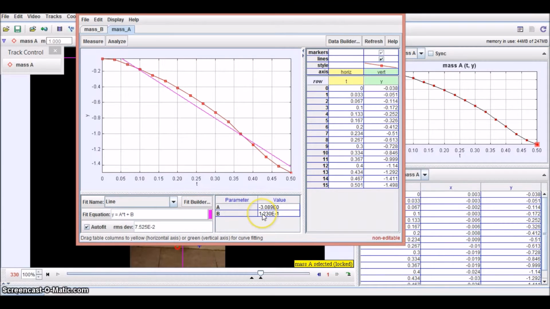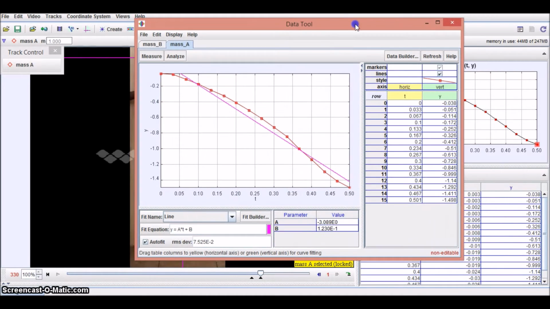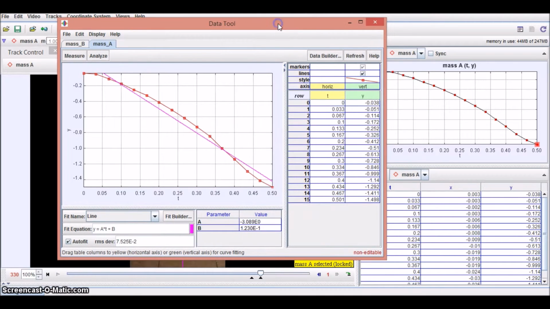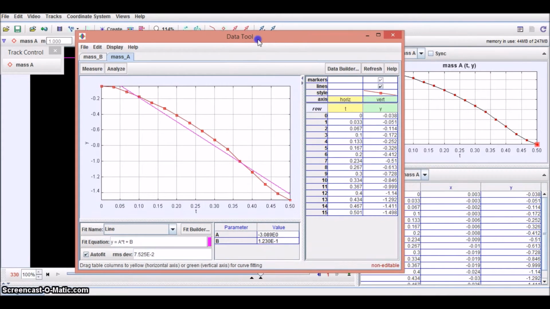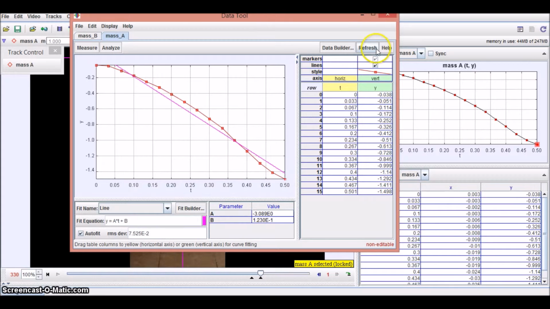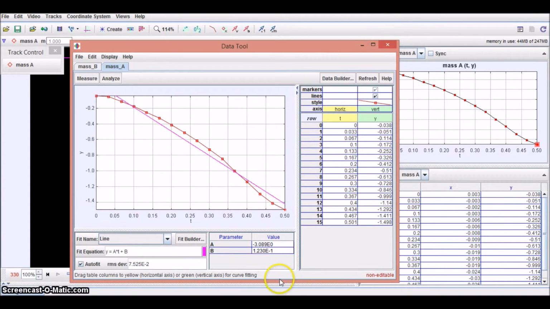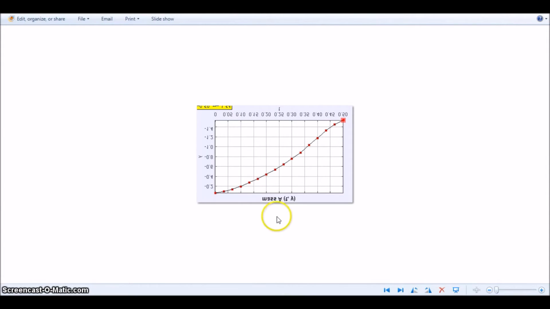It is supposed to be positive, and the y-intercept is 1.230, which is supposed to be the origin by itself, but because of the way the axes were set up, it gave this value, which is obviously incorrect. But I inputted this image later, and this is what it should basically look like.